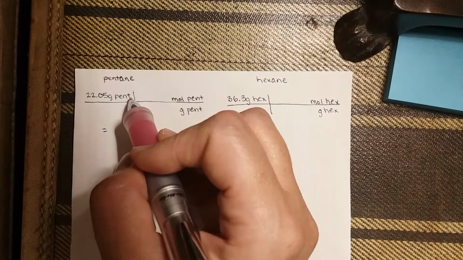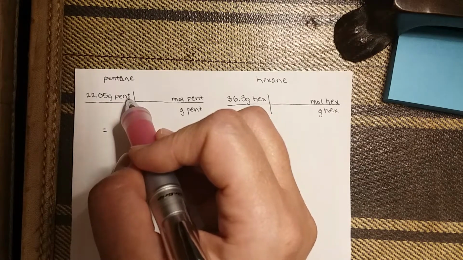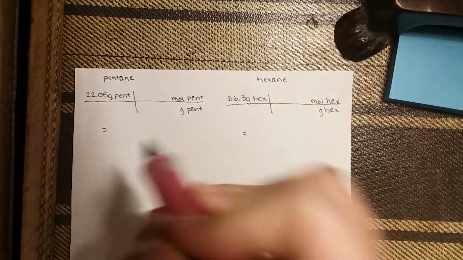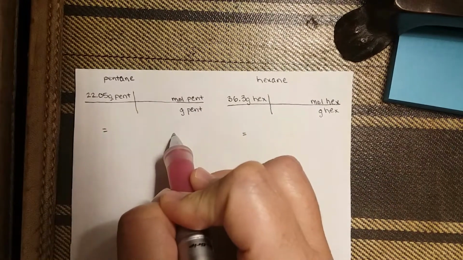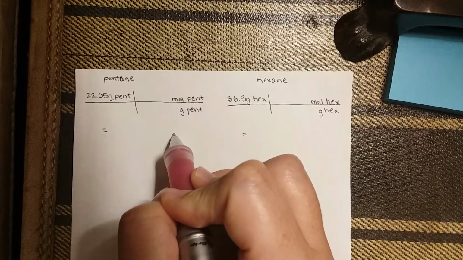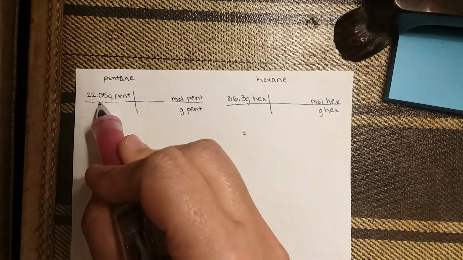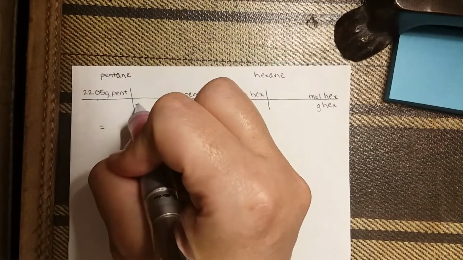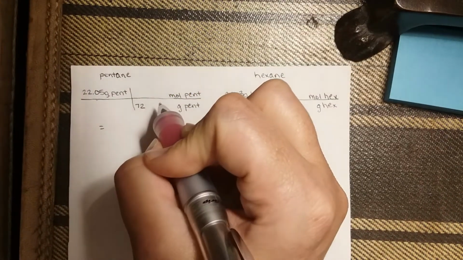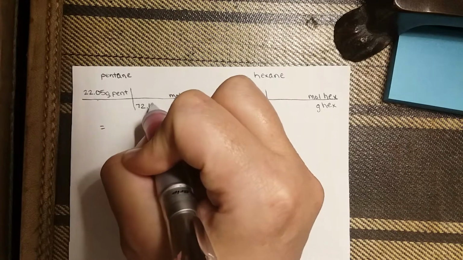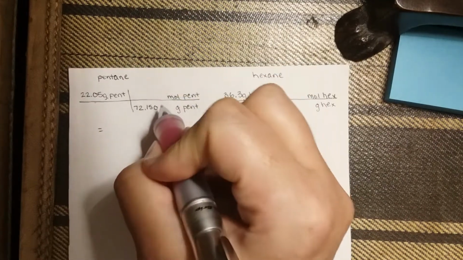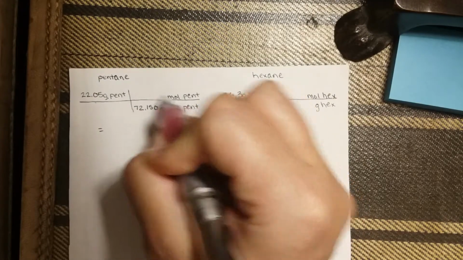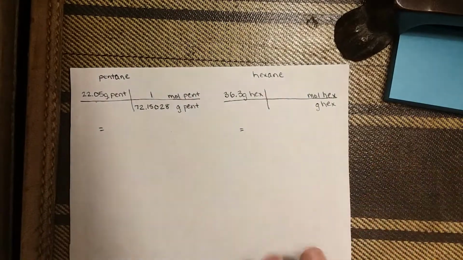Okay, so we started out with a density of pentane and a volume of pentane, and we used that to get a mass of pentane. Now we need to take that mass of pentane and find the number of moles of pentane. So grams to moles here. So we had 22.05 grams of pentane, and then our molar mass is 72.15028 grams of pentane equals 1 mole of pentane.